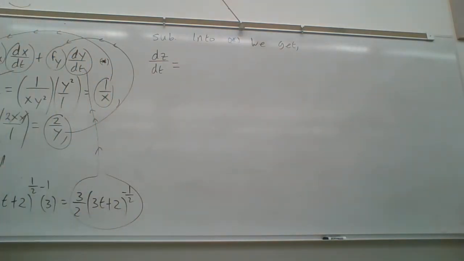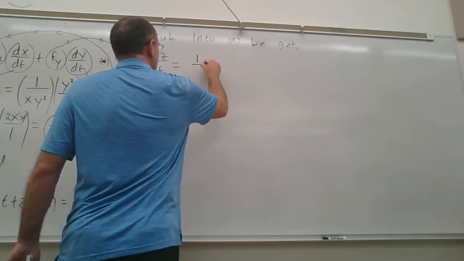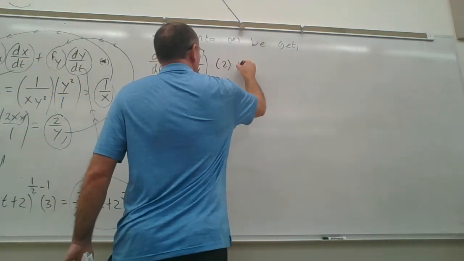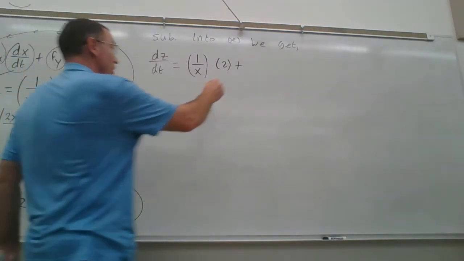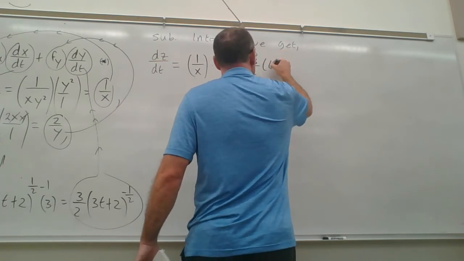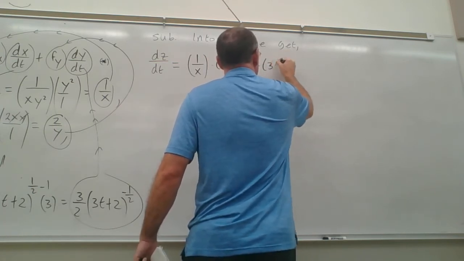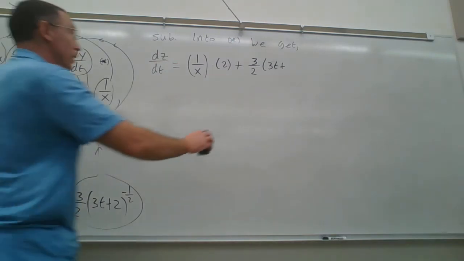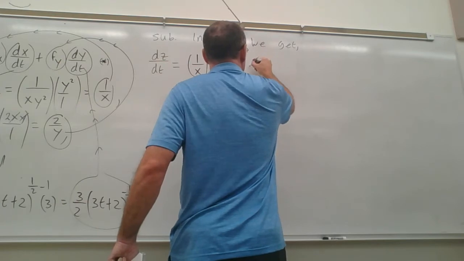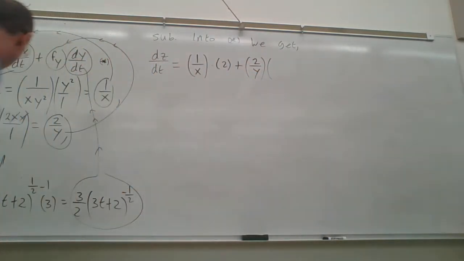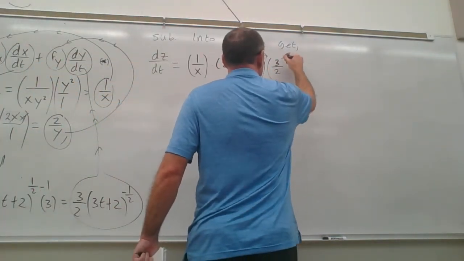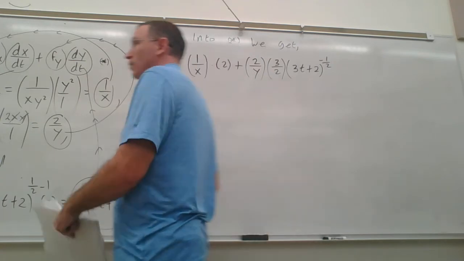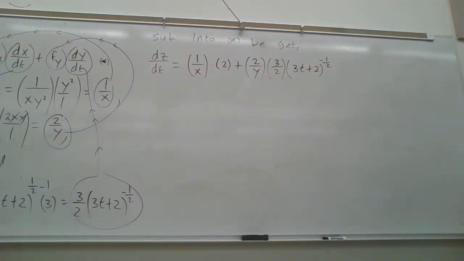So it's fx, which is the 1 over x, times dx dt, which is 2, plus fy, which is 2 over y, sorry, times the dy dt, which is the 3/2, times 3t plus 2 to the negative 1/2. Okay, so let's see, we can cross off the 2's here.